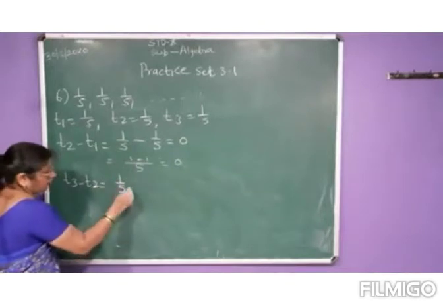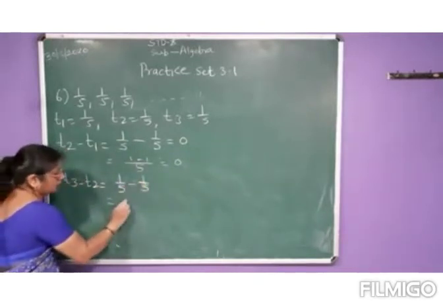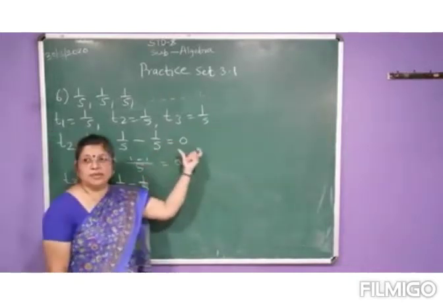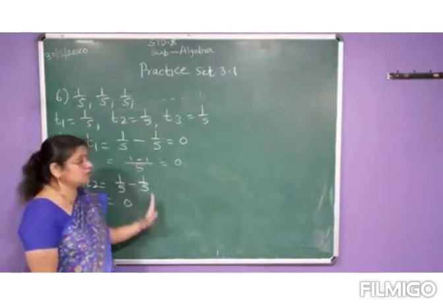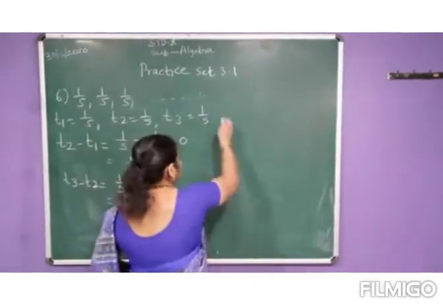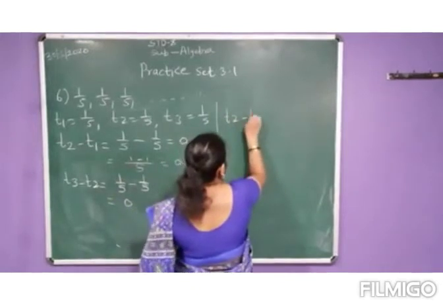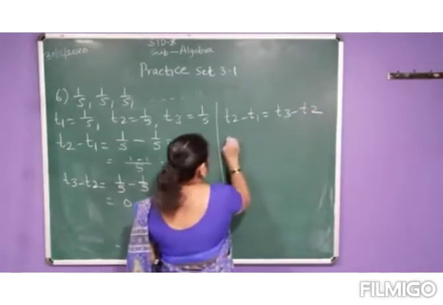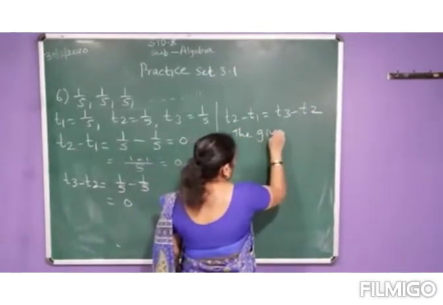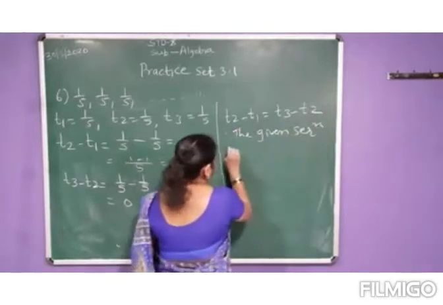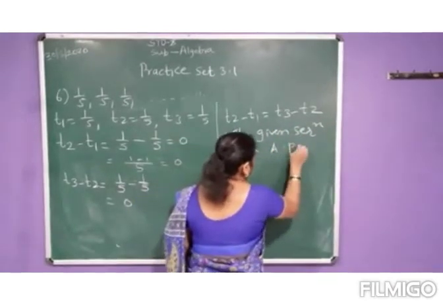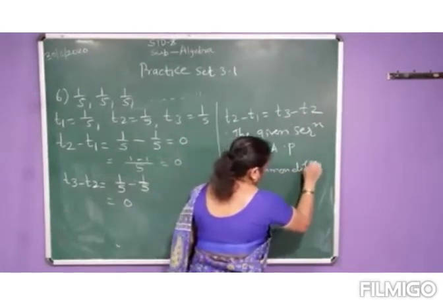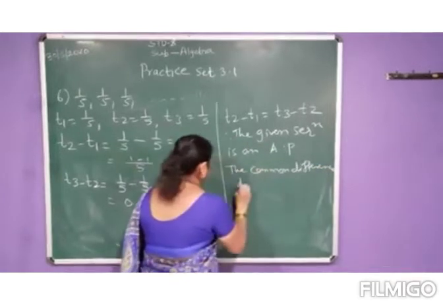T3 is 1 upon 5 minus 1 upon 5. So again you will get the answer 0. Now what have you observed here? The common difference between the two consecutive terms is constant. Therefore, the given sequence is an AP. So this you can write in this way also: T2 minus T1 is equal to T3 minus T2. Therefore, the given sequence is an AP and the common difference D is equal to 0.